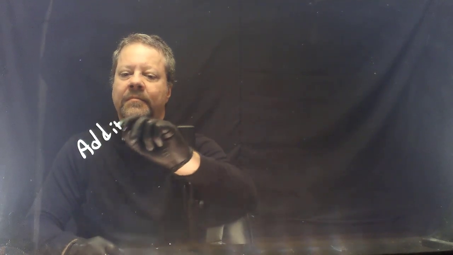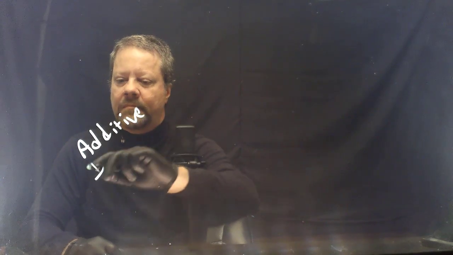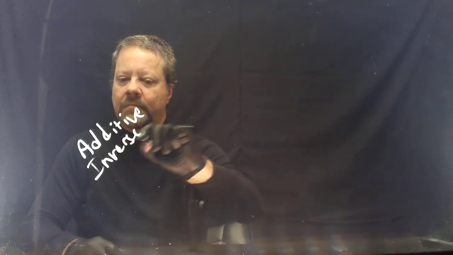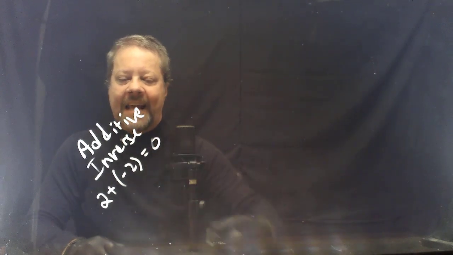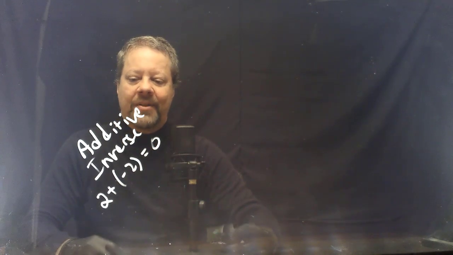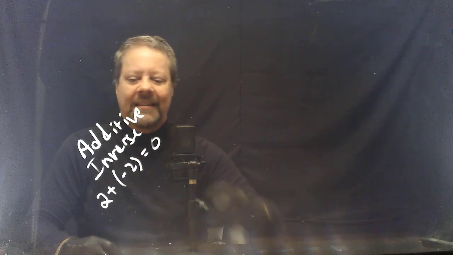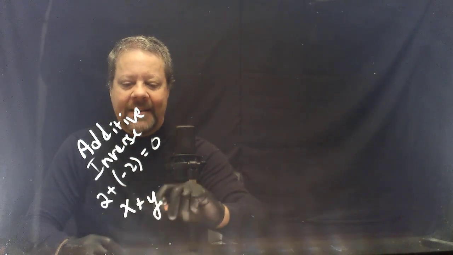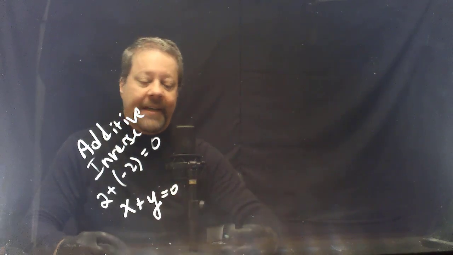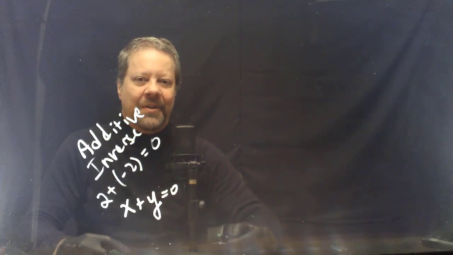What is an additive inverse? Well, negative 2 is an additive inverse of 2 because 2 plus negative 2 is 0. If you have some x, y is an additive inverse if x plus y gives you 0.